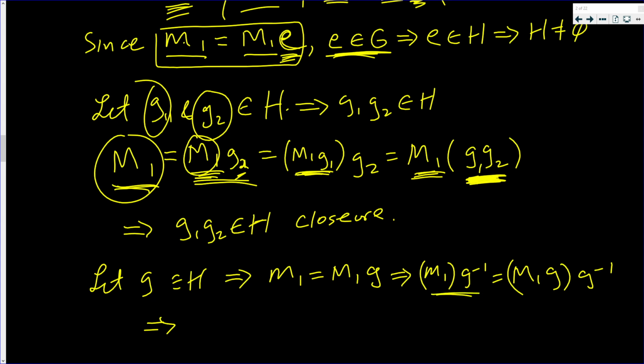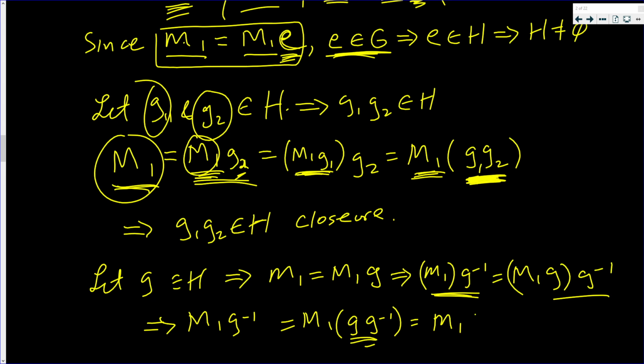But that implies that this, which is M1 G inverse, is equal to M1. I'm going to use the associative law, G G inverse, but that equals M1 times E, which is M1. Oh, M1 times something in G is equal to M1.